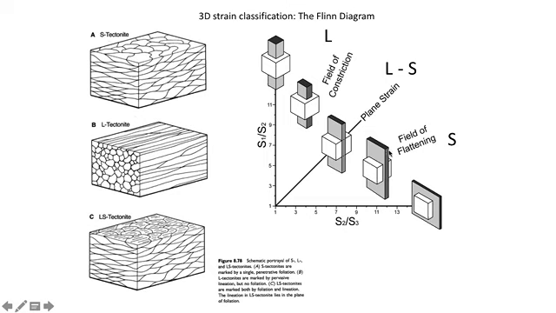The S-tectonite is made of a bunch of little pancakes piled on top of each other. Whereas this is the L-tectonite, and constriction is like a bunch of pencils held together. And then the LS is a combination. It's basically pancakes, but they're a little bit longer in one direction of the flat part than the other.